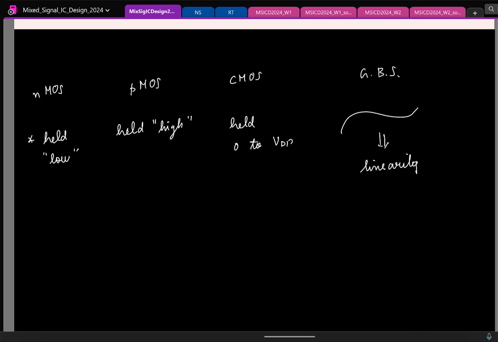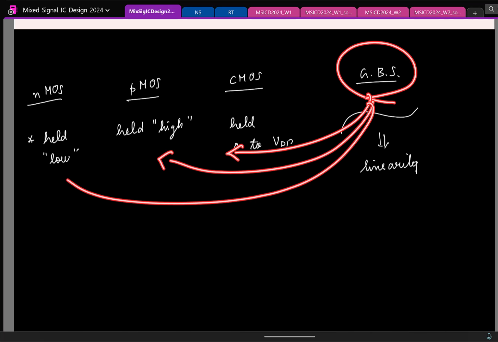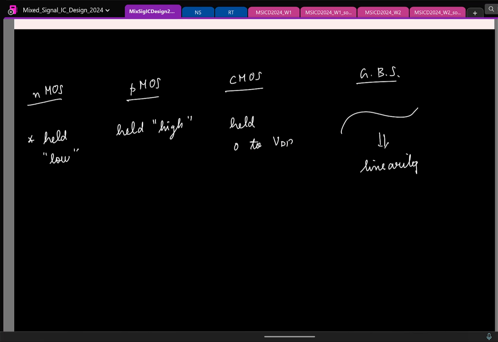Fine. So of course we can use the gate bootstrap switch even for held signals like this, but that's simply overkill, right? Like I say, to kill a mosquito you don't buy an AK-47 and come. Same thing, you can use a CMOS switch for this case also, but if you use it when the signal is low, PMOS is anyways not active, it's a waste of resource.